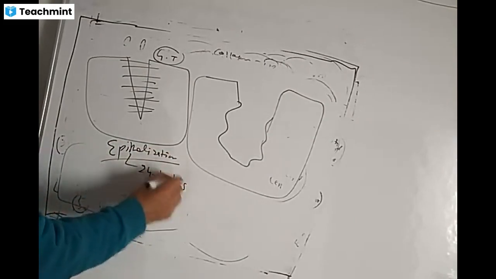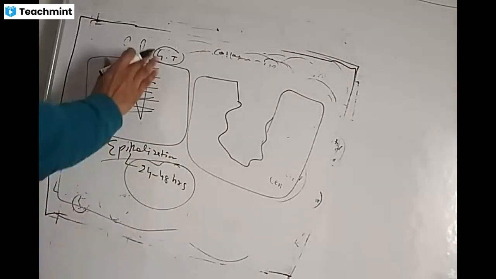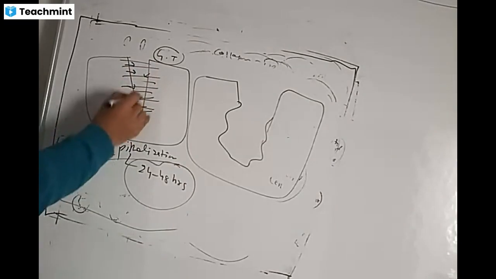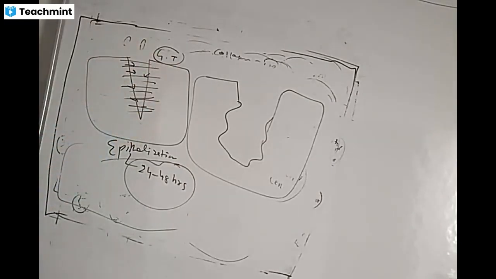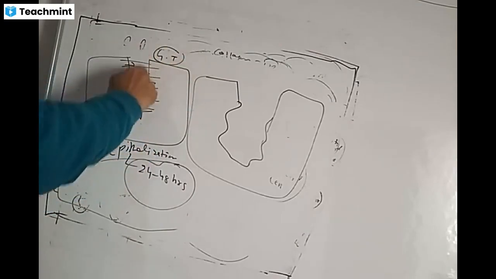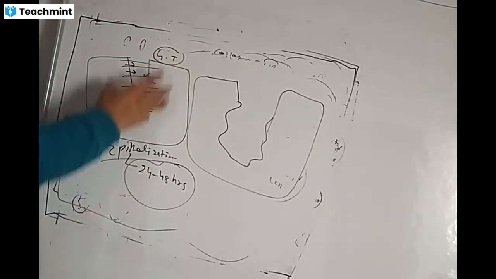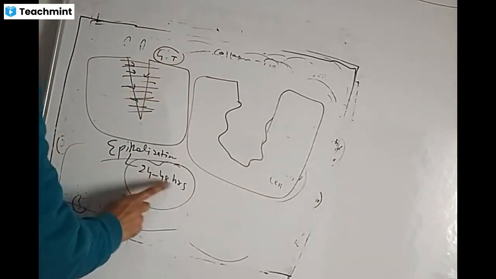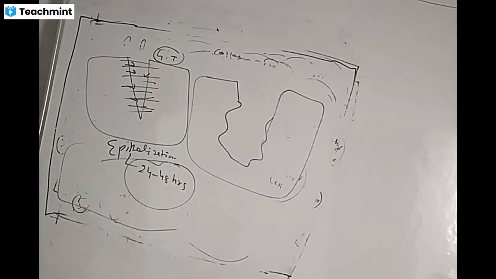Very important time period. The epithelialization from the margin of the wound will start and cover with the epithelium. So in case of incision wound, primary intention healing, there is no need of granulation tissue; directly from the wound margin, epithelial cells migrate and make a covering. That will occur in 24 to 48 hours.